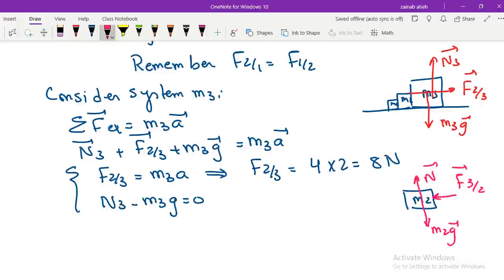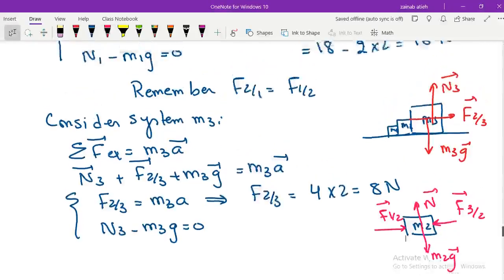Notice that F3 on 2 is opposite to F2 on 3, same magnitude, opposite direction. And I also have the force exerted by 1 on 2. These are the forces on 2. I can apply Newton's second law on the system M2 with F1 on 2 and the acceleration. I can find F3 on 2, but for sure using M3 was easier.